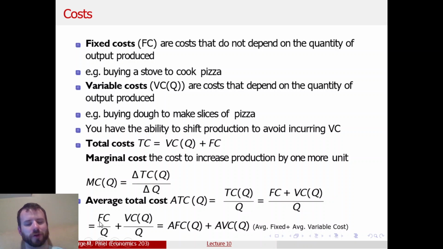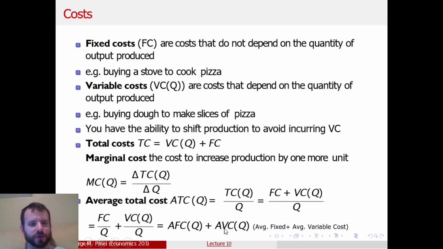If your variable cost is $200 and you produce 10 units, your average variable cost is going to be 20. It's just what an average is, right? So another way of stating it: your average total cost is equal to your average fixed cost plus your average variable cost.